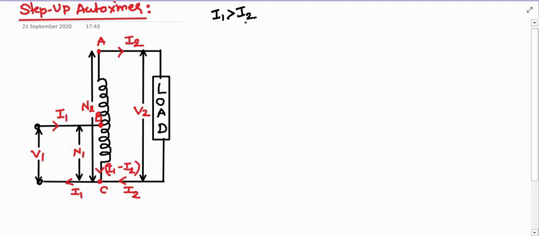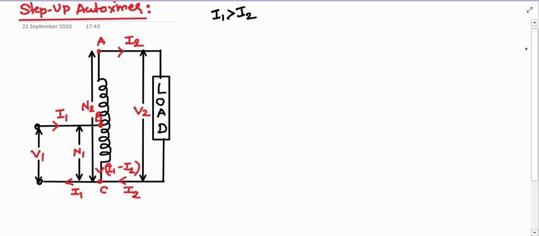So as my I1 and I2 are in phase opposition and I1 is greater than I2, my section BC having N1 turns carries the resultant current I1 minus I2. So this is I1 which is known, this is I2 which is known, this I2 is coming up to this point, out of which I1 is going towards the primary. So what should be this current? Apply Kirchhoff's current law here, this current should be I1 minus I2.